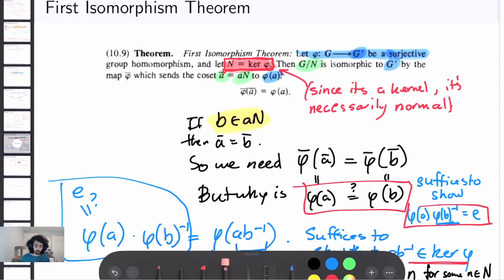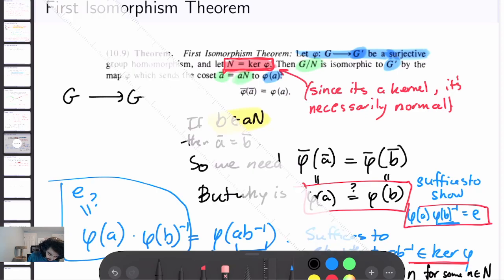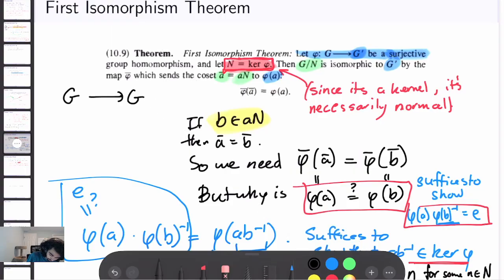The diagrammatic picture here is that if phi sends g to g prime, then we know that pi sends g to gN, where I'm using the same N as in the theorem statement.